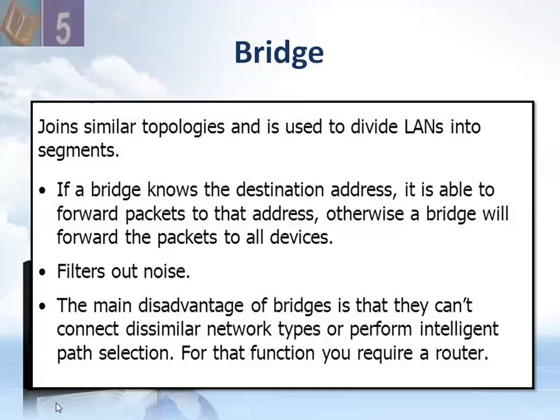But if the address is on the next segment, it will pass it to the next segment. So it will reduce the workload of your network and filter out the noise. But remember that it is not a more intelligent device, and it cannot choose the best path like a router.